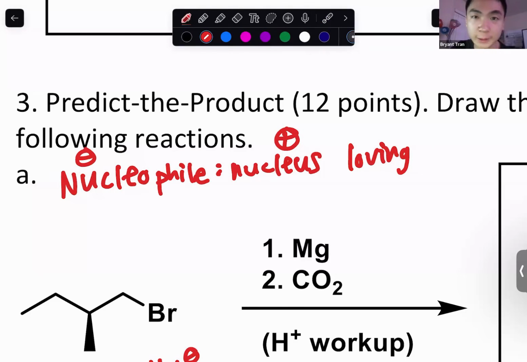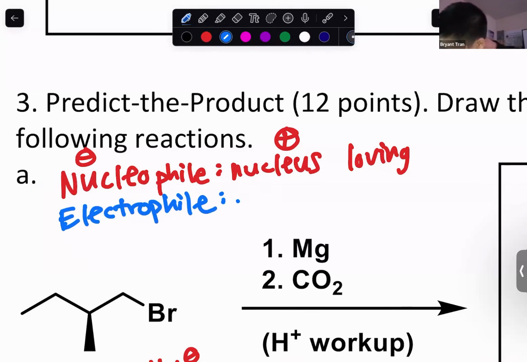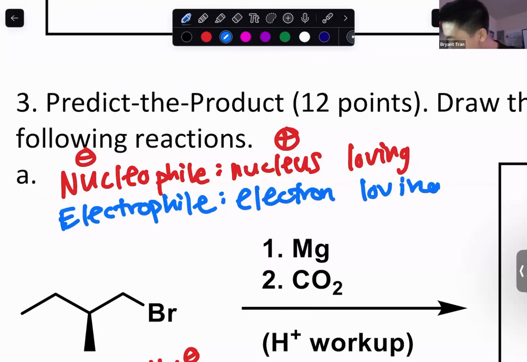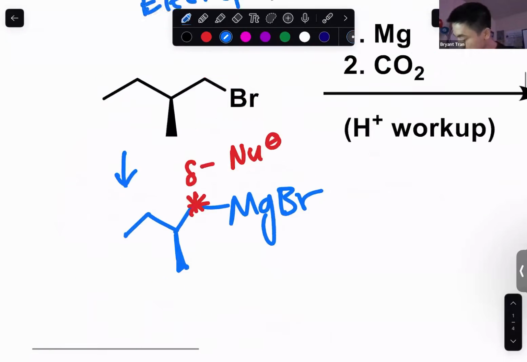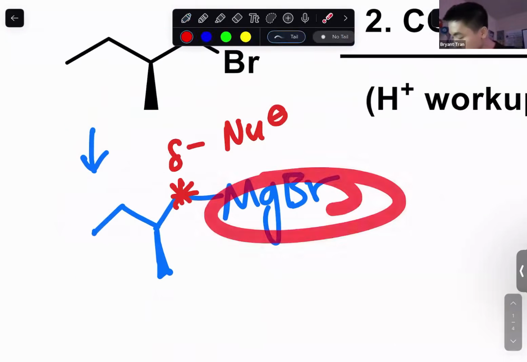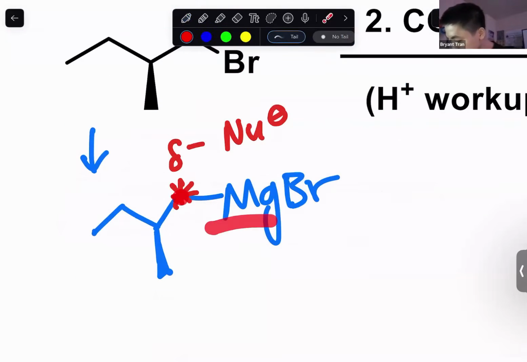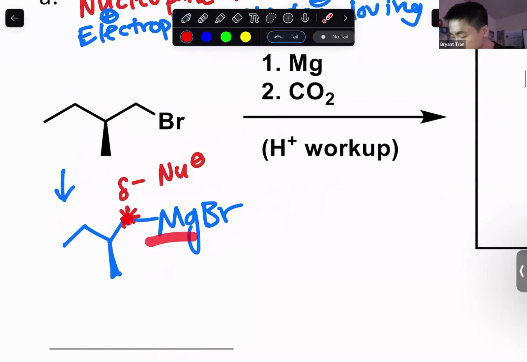An electrophile is going to be electron loving. They love electrons, and electrons are negatively charged, so electrophiles themselves are going to be positively charged. So whenever you see MgBr here, the first atom attached to the Mg is negatively charged, making it the nucleophile.